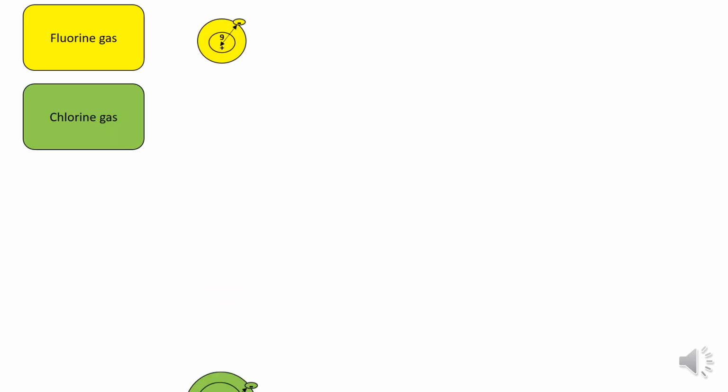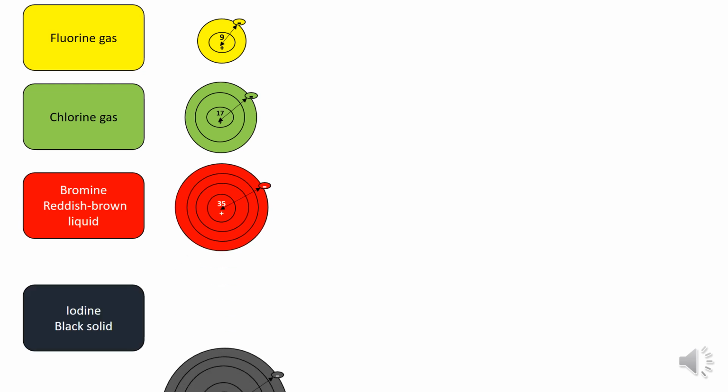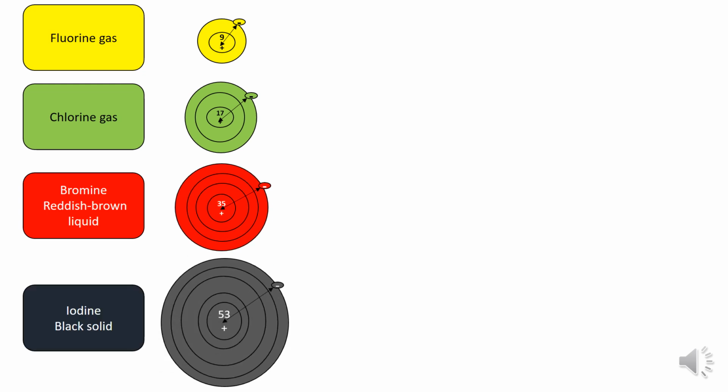Now fluorine and chlorine are gaseous in nature, while bromine is a reddish brown liquid and iodine is a black solid. But when iodine tries to escape in the vapor form, you see the purple vapors.